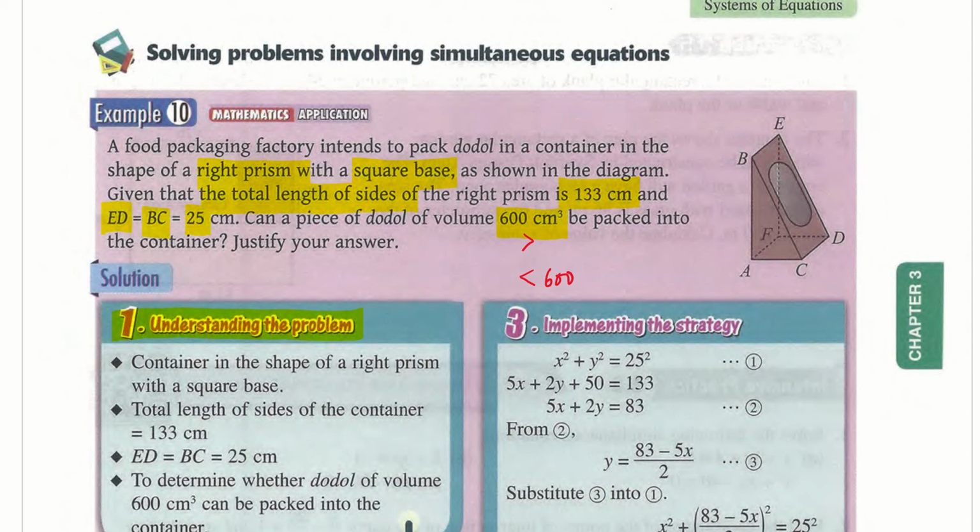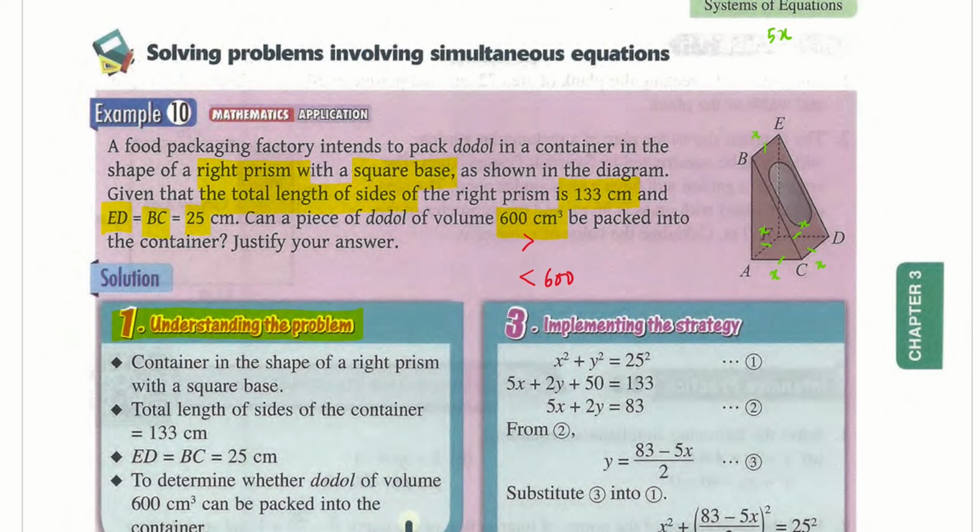Tapak dia sama. So I can say that these lengths are all equal and this is also equal. So this is x, we put an unknown of x, so this is also x, so we have 5x.